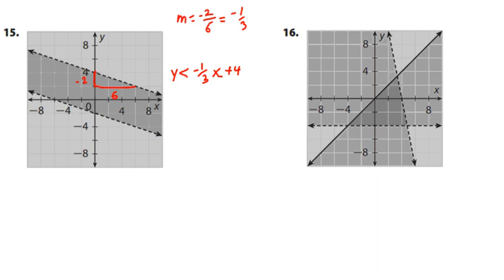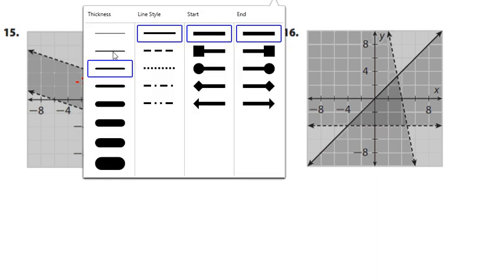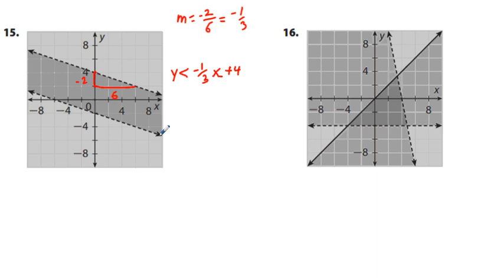And then for our boundary line below, switch colors again, we have y greater than, because we are going to be shading in the up direction from this lower boundary line.